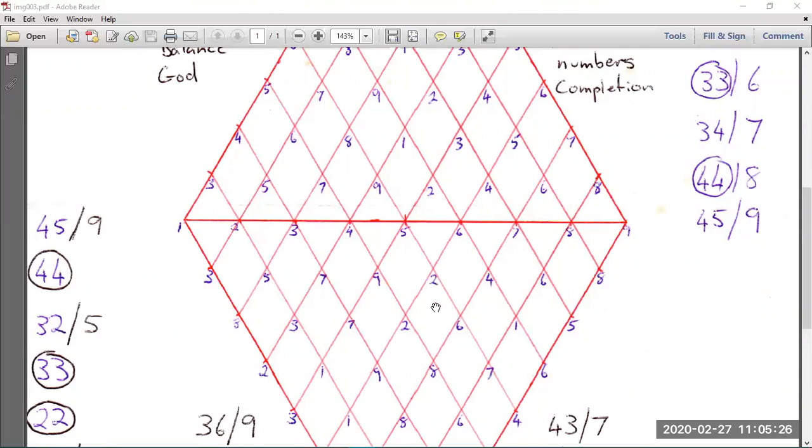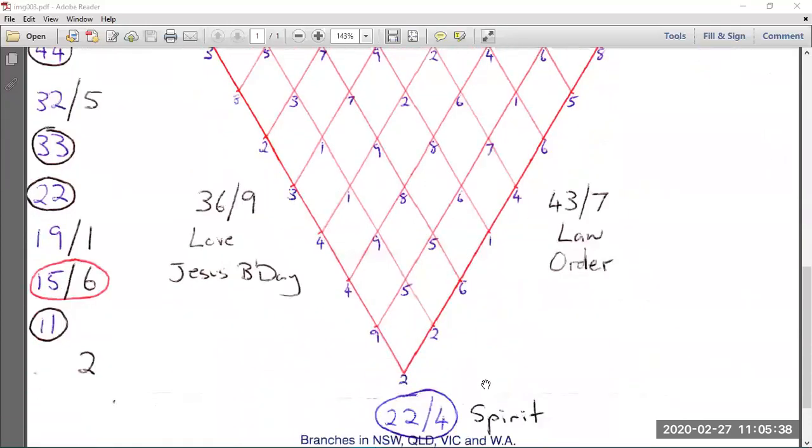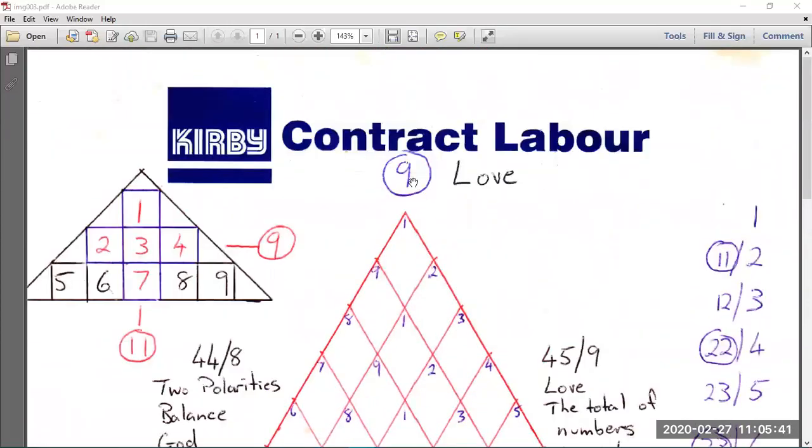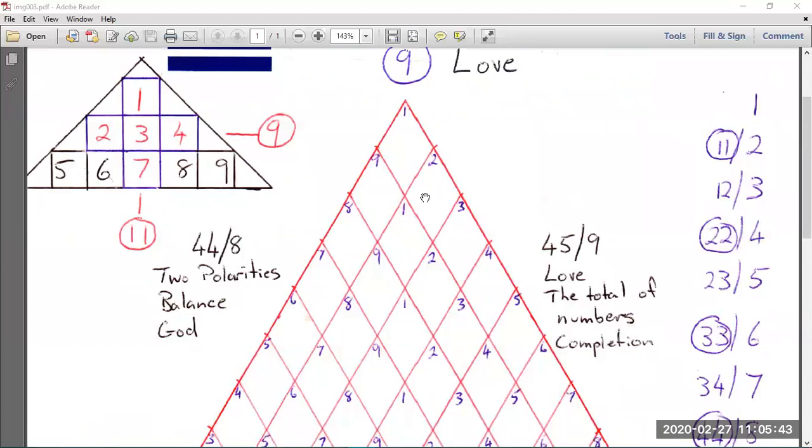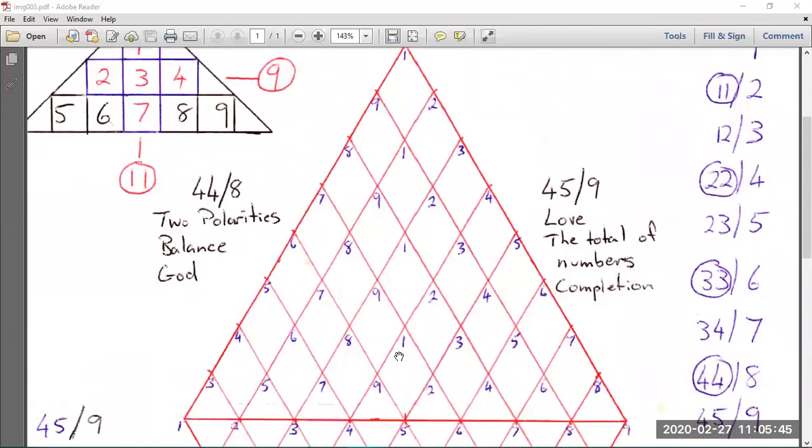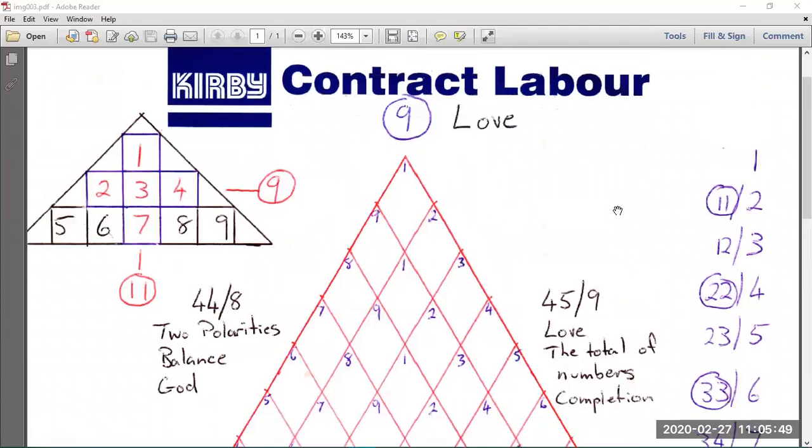So 2 and 4 is 6 here, 9 and 2 is 11, 1 and 1 is 2. 7 and 9 is 16, 1 and 6 is 7, and then this line's added and so forth down to the bottom. Now this number here, 9, is the number 5 here, plus 1, plus 1, plus 1, plus 1 equals 9, which is a number of love.